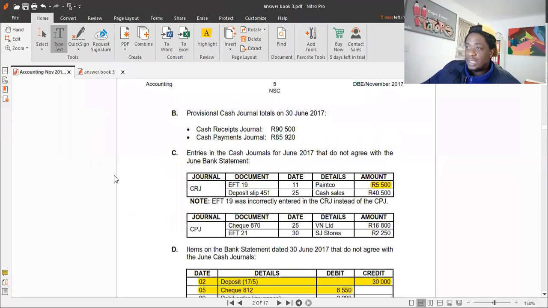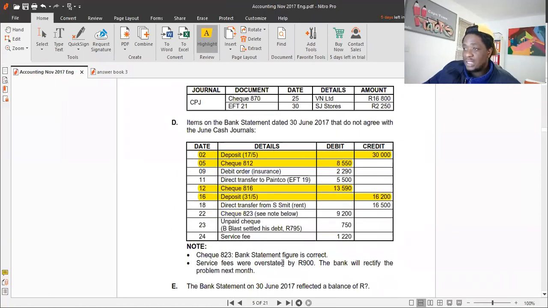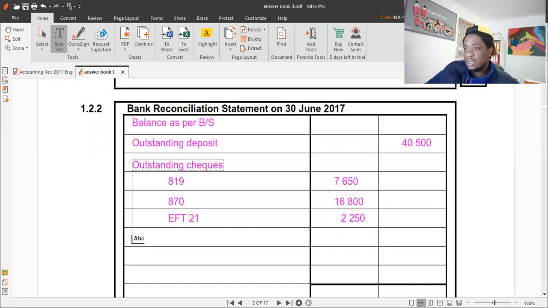They did tell us here that the bank did make an error when doing the service fees and that they were overstated by 900. So in other words, the debit side should have had 320 here instead of having 1,220, and therefore to correct the debit side error, you have to correct it in the credit side. So we're going to take that 900.